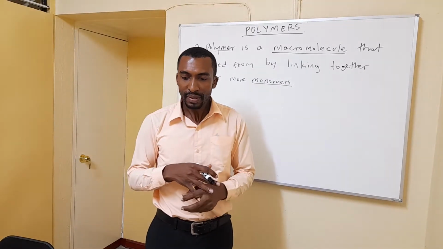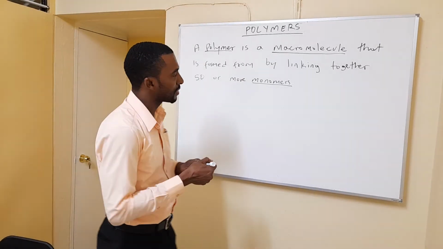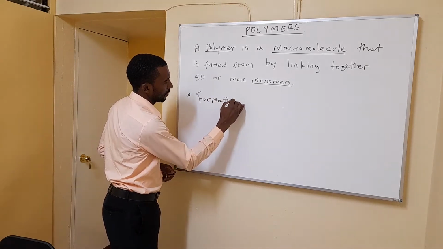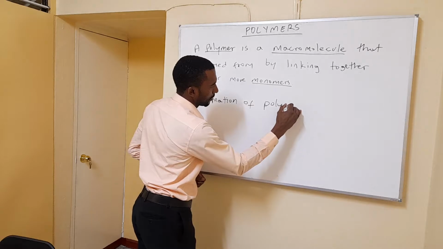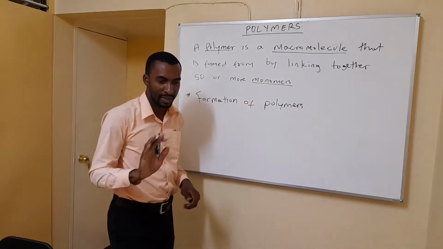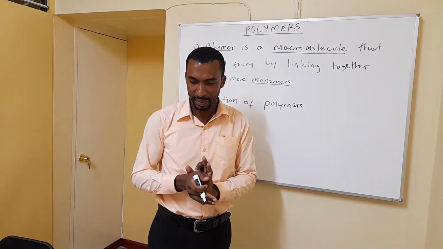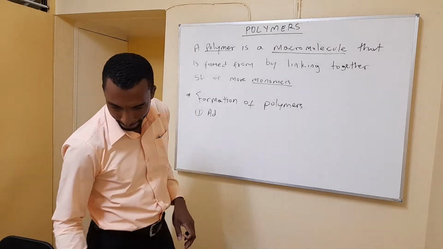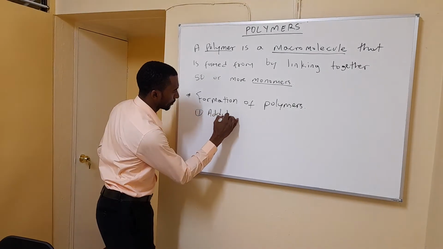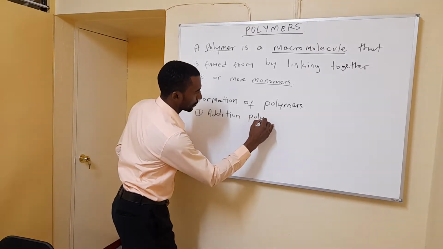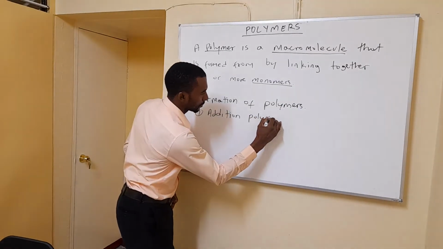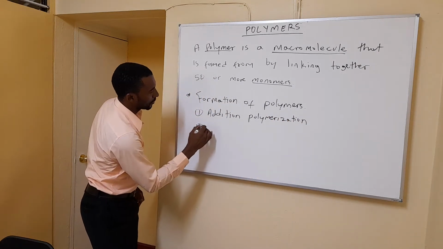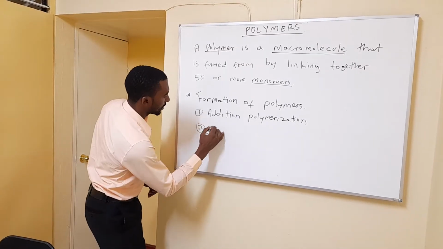But just to note, in terms of the formation of polymers, we have two general types of reactions that can take place to form them. One, addition polymerization, and two, condensation polymerization.